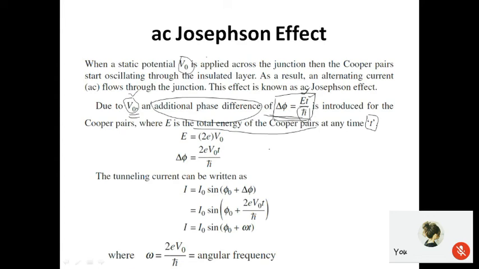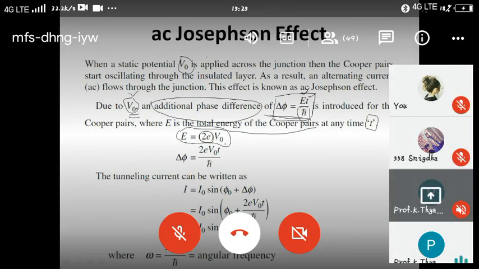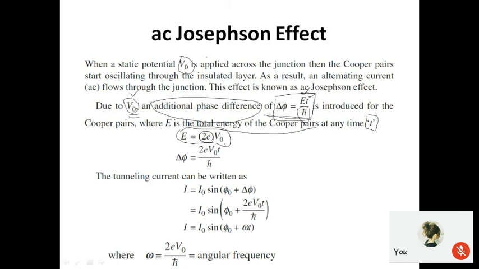Now the energy of the Cooper pair E is given by the charge of the charge carrier times the voltage applied across the junction. In the case of a Cooper pair, we have two electrons which are paired up, therefore the charge becomes 2e, and V0 is the applied voltage across the junction.